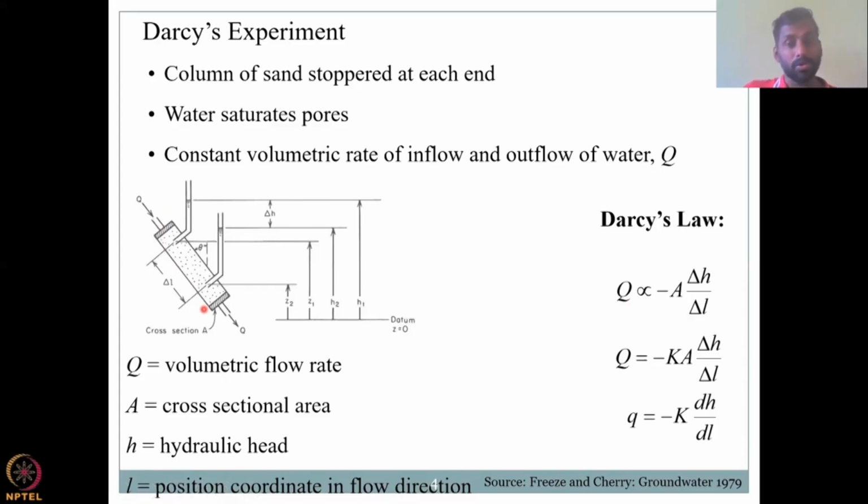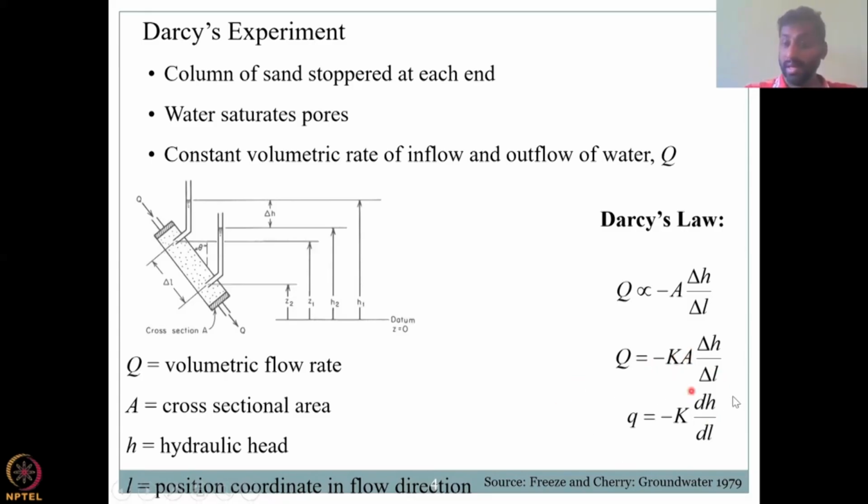So now any proportionality can be converted to an equation by introducing a proportionality constant, right? So this proportionality symbol would go to an equal when we introduce a proportionality constant, and that constant is called hydraulic conductivity. So the hydraulic conductivity is given as K, and Q equals K, A, del H by del L.